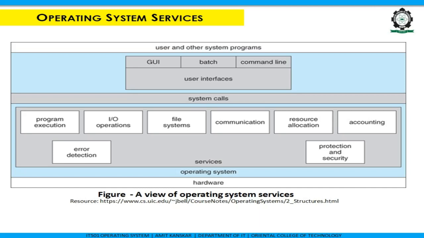As far as communications are concerned, inter-process communication, IPC, either between processes running on the same processor or between processes running on separate processors or separate machines, may be implemented as either shared memory or message passing, or some systems may offer both.